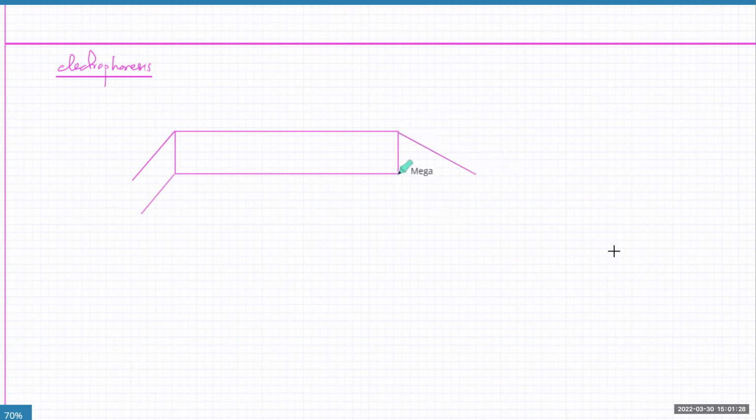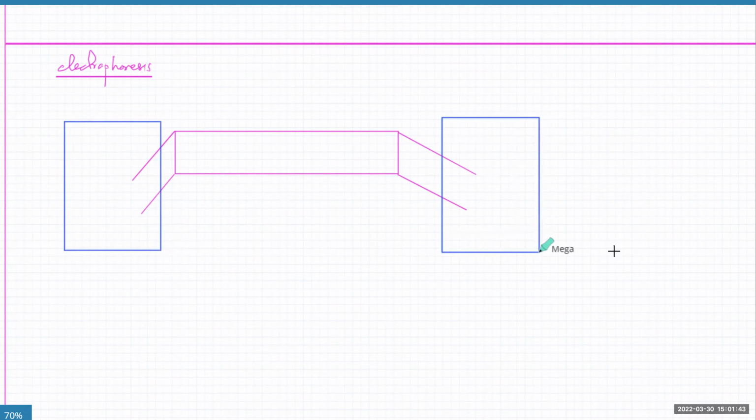Here there are, let's say, 2 trays. Here's another one. And inside them there is a solution.